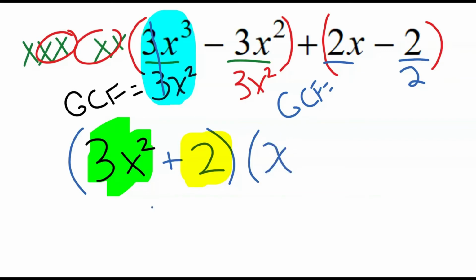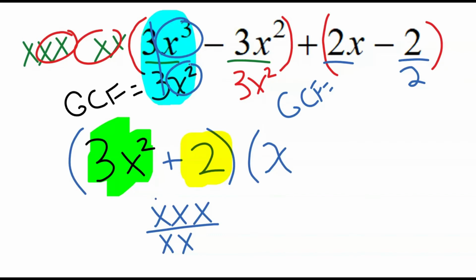Because if you remember, x cubed is technically x times x times x. If that's over x squared, there are 3 x's on the top and 2 on the bottom. The 2 of those are going to cancel out, and it's just going to leave me with this 1 x left over.